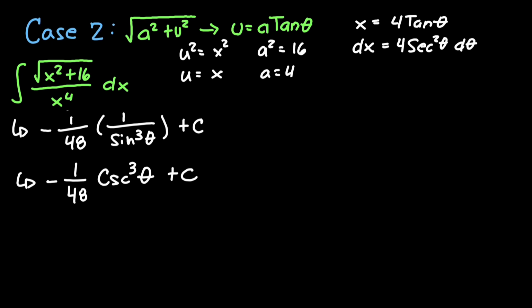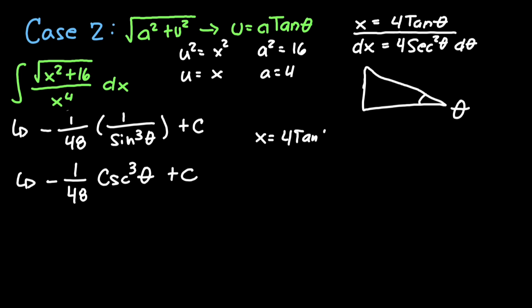Now we need to know the value of cosecant cubed of theta, and so let us use the right triangle method again. Let this be theta. x equals 4 tangent of theta, so tangent of theta right here would be equal to x over 4.